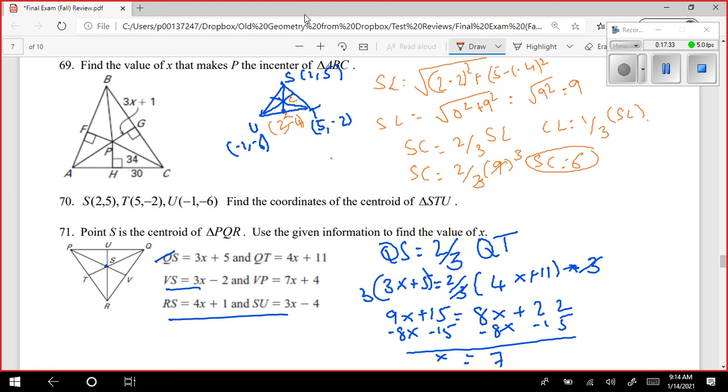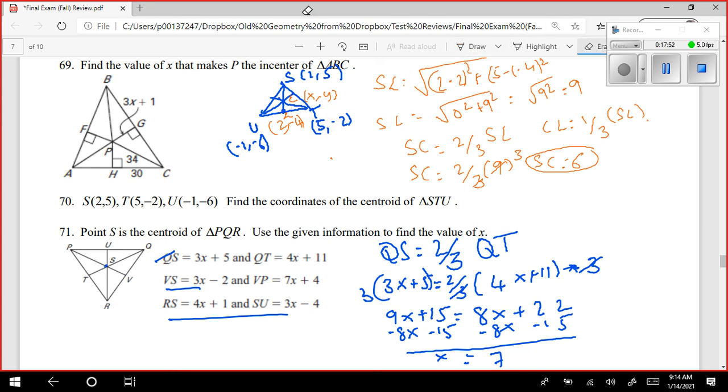And now I can apply the distance formula and find the coordinates of this particular centroid. The coordinates of this centroid are nothing but x and y. But the x value is going to be the same as S and L because they are in a straight line. If this is 2, here also the x coordinate has to be 2.